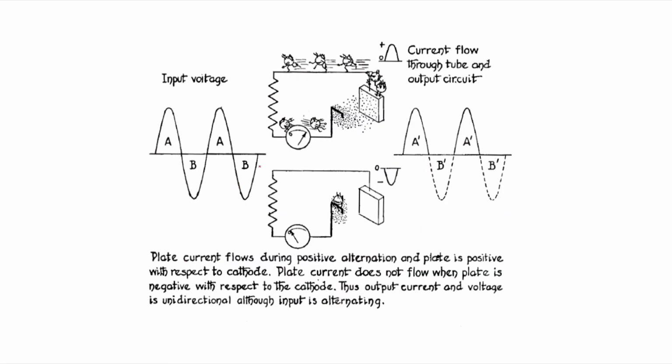All right, let's get into what happens when we put alternating voltage, which we call AC, alternating current, into our diode. Here's our diode, here's our cathode right here, and there's our plate right there.